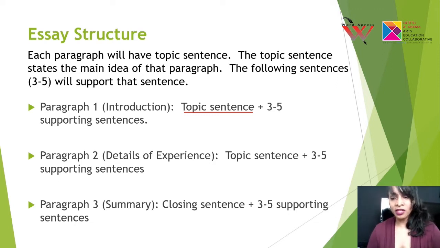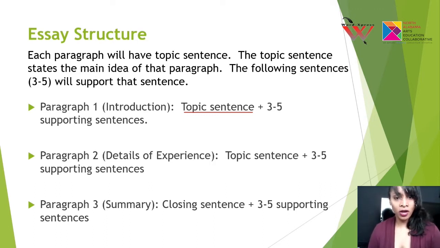So your topic sentence is going to give you the main idea of that paragraph, and then the next 2 through 5 sentences are going to give you more information about that topic sentence.